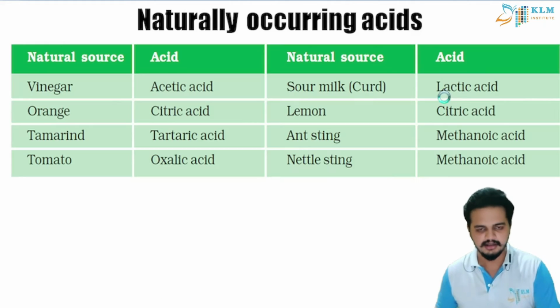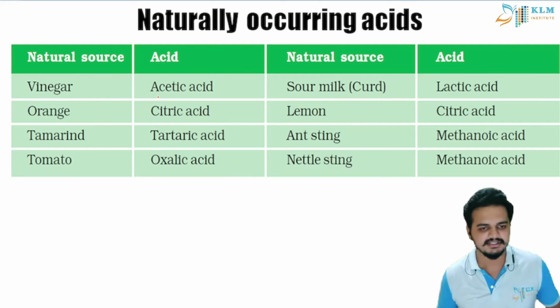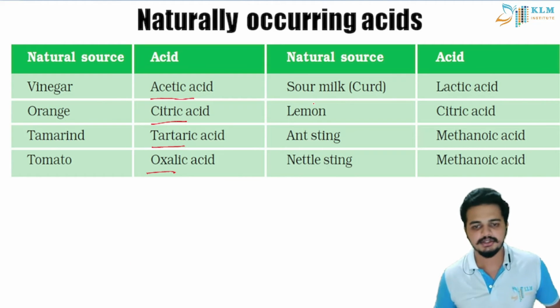Also, there are other naturally occurring acids in our ecosystem. That is vinegar, which is acetic acid. Orange has citric acid. Tamarind has tartaric acid in it. Tomato has oxalic acid. And sour milk has lactic acid. Also, curd has lactic acid.